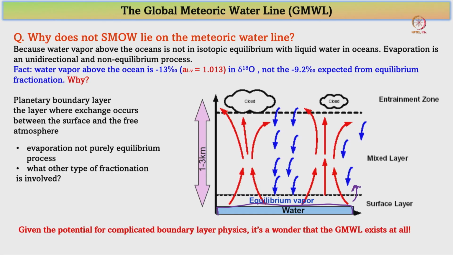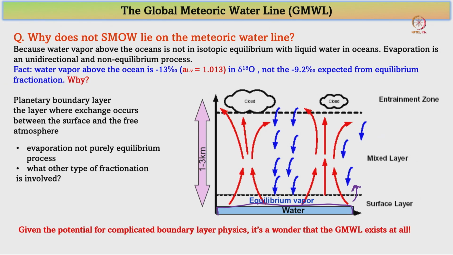And after this mixed layer, there is no more direct contact with the ocean. It is only this very, very thin layer which actually separates the atmosphere from interacting with the ocean directly. Okay.